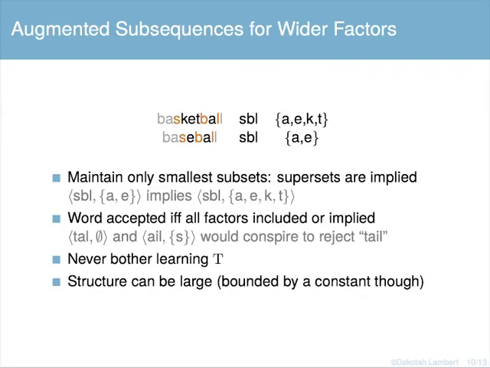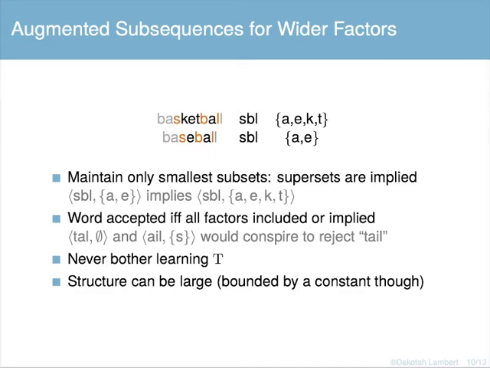So a method I propose is just using augmented subsequences in a way that accounts for wider factors. For instance, I've placed a couple of English words on this slide, basketball and baseball, that include an SBL subsequence, one of which has A, E, K, and T interveners, and the other just A and E.